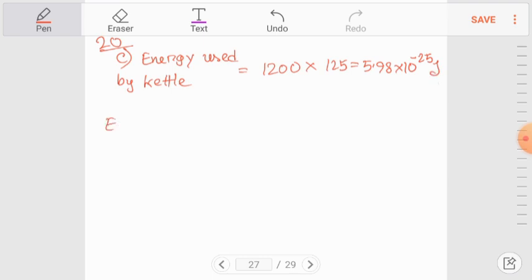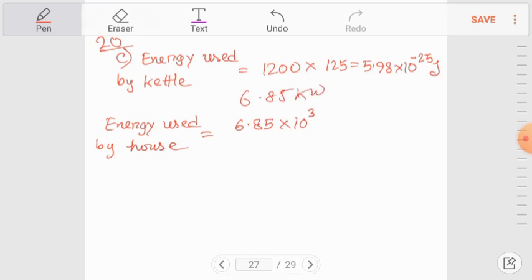And then we need to find the energy used by the entire house, and that is 6.85, the reading shown in the diagram for 20C, into 10 to the power 3, because it was 6.85 kilowatt hour. Kilo stands for 10 to the power 3.